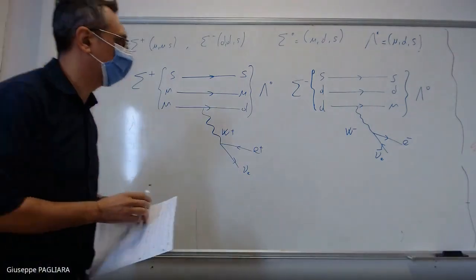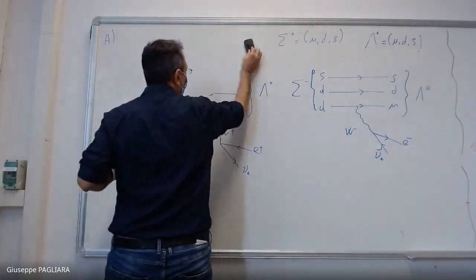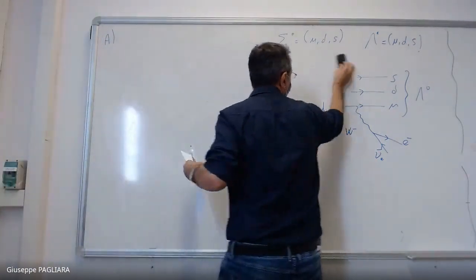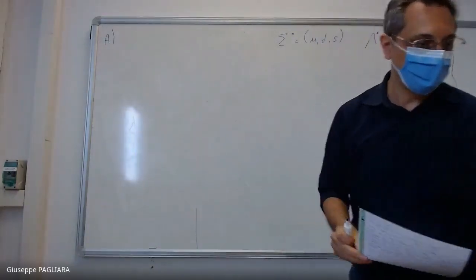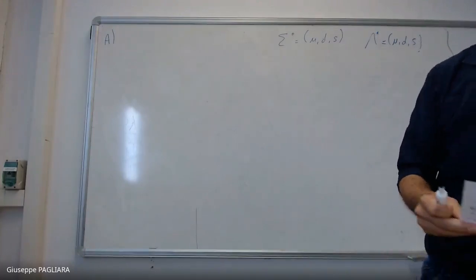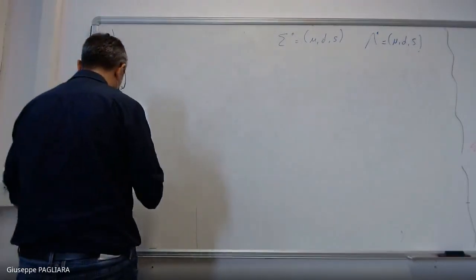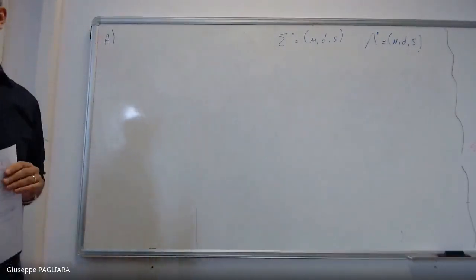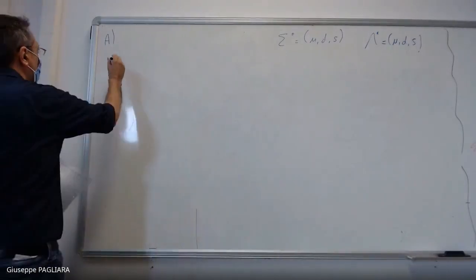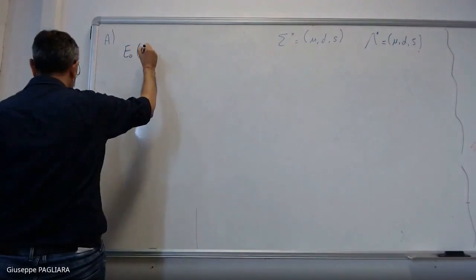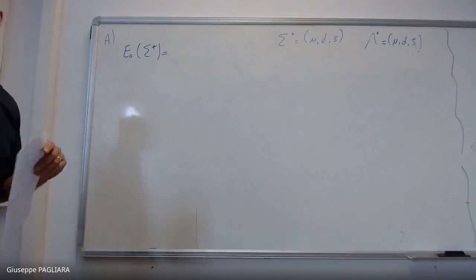Okay, now let's move to the third point. Using the Sargent rule, calculate the expected ratio between the decay rates of the two decays. Okay. So for the Sargent rule, if you remember, we need to calculate the E0, so the energy available in the final state, as we did yesterday. So the E0, for the case of the sigma plus, is calculated as the mass difference.